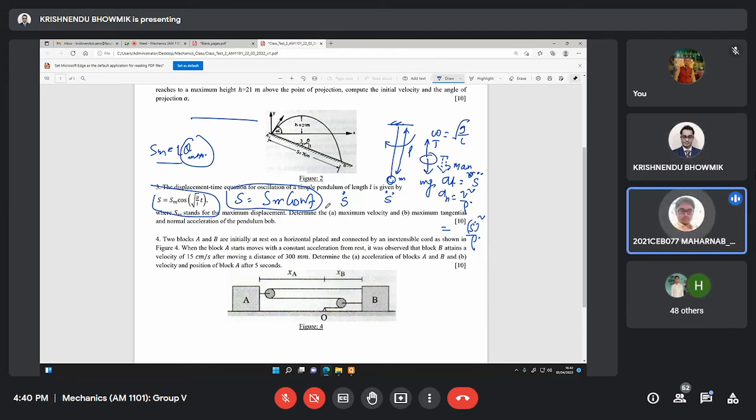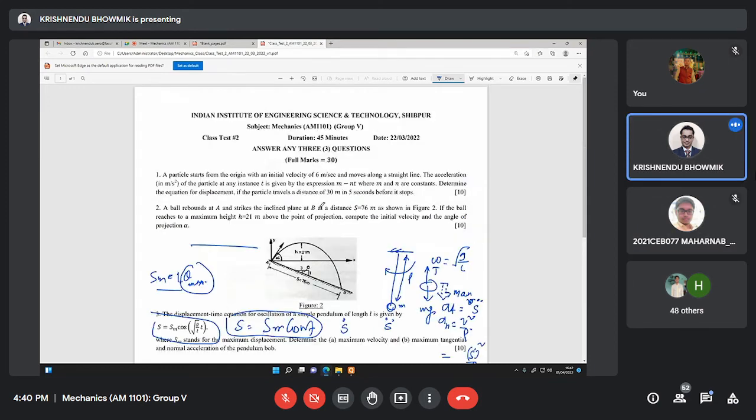Sir, question number 1, sir. Yeah, this one. A particle started from origin with initial velocity 6 meter per second, so V0 is 6 meter per second, and moves along a straight line.